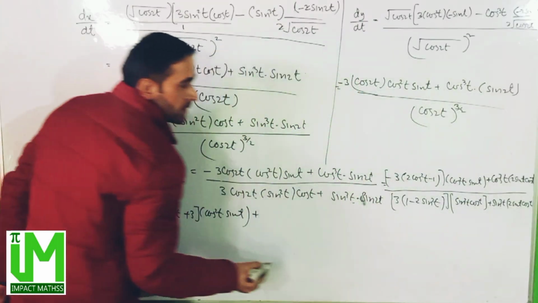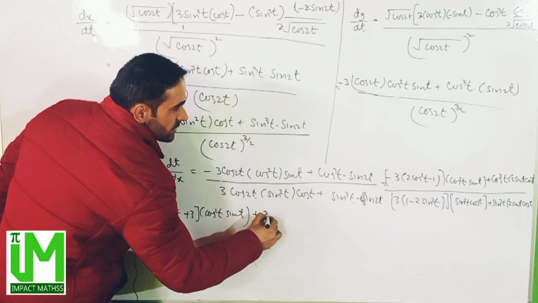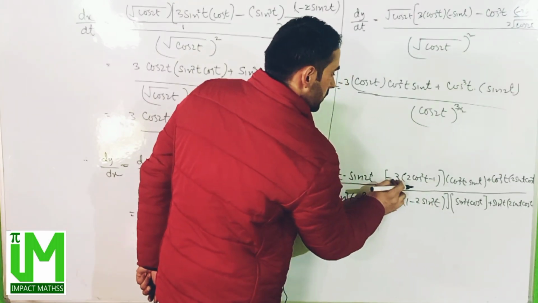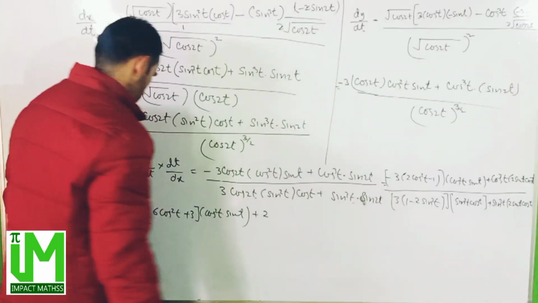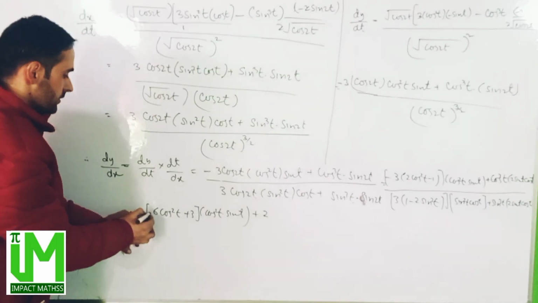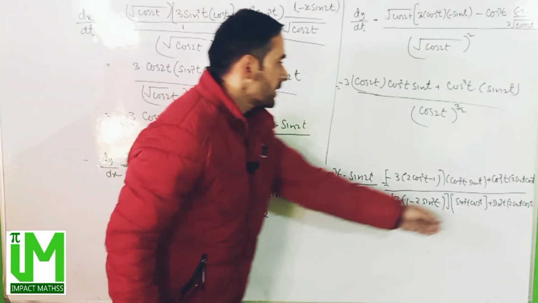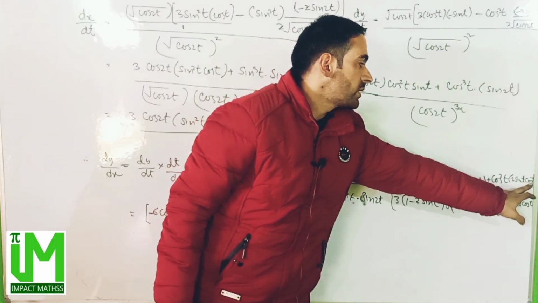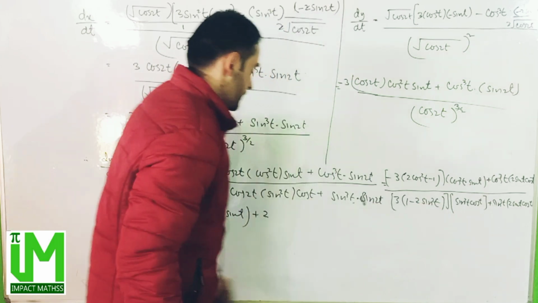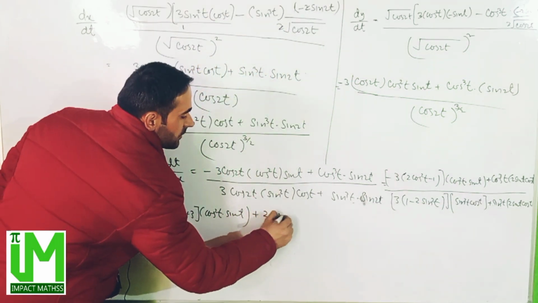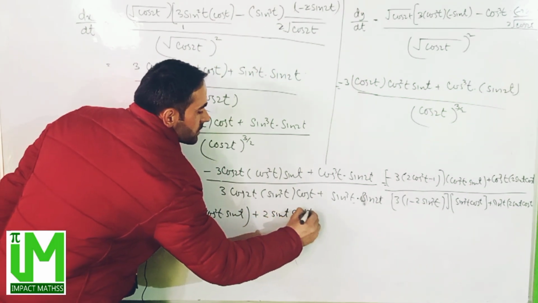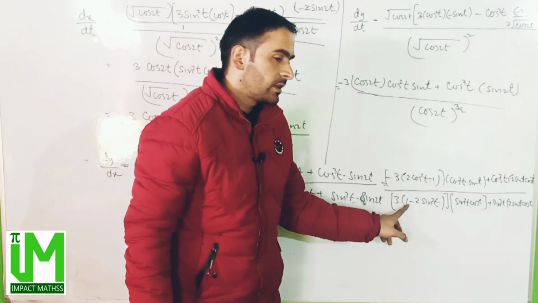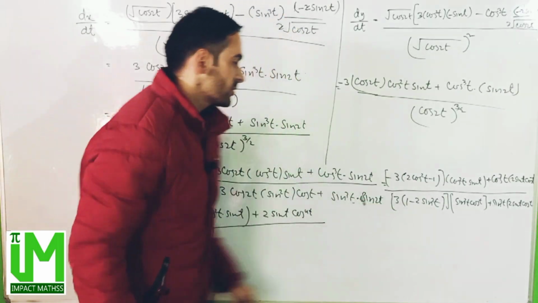If we multiply by cos t, it will be twice sin t into cos 4t, so this will be twice sin t into cos of 4t, divided by 3 into 1, that will be 3 minus 6 sin square t.